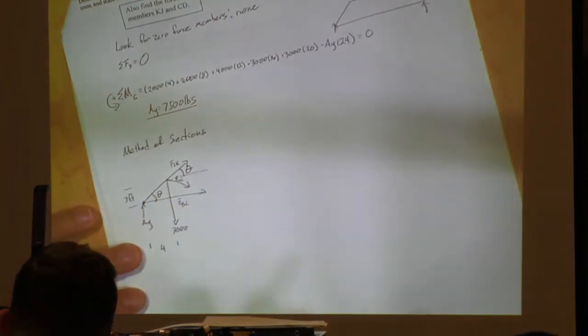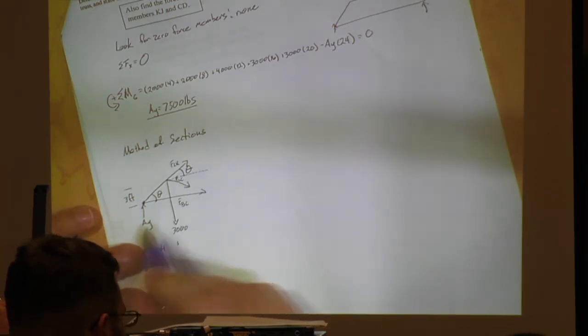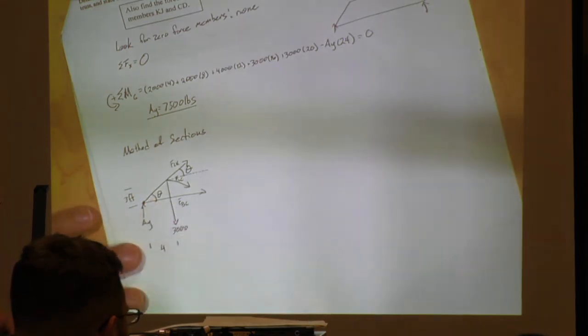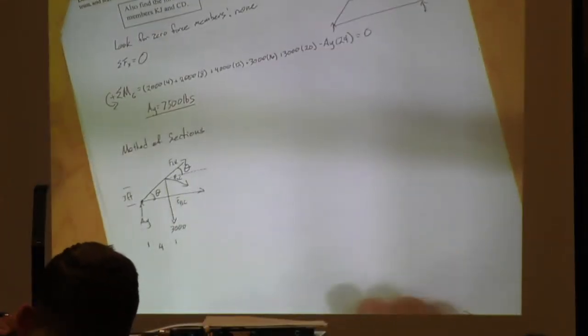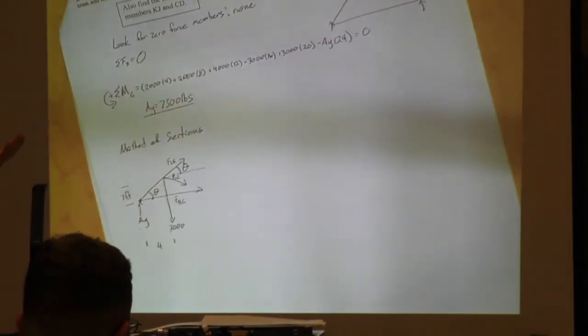Go ahead. Did we not draw any forces on where AY is? That triangle where AY is? Right here? Okay, so what happens when we're doing method of sections? You cut it, and what happens to those members? They become forces, because we're worried about internal forces.